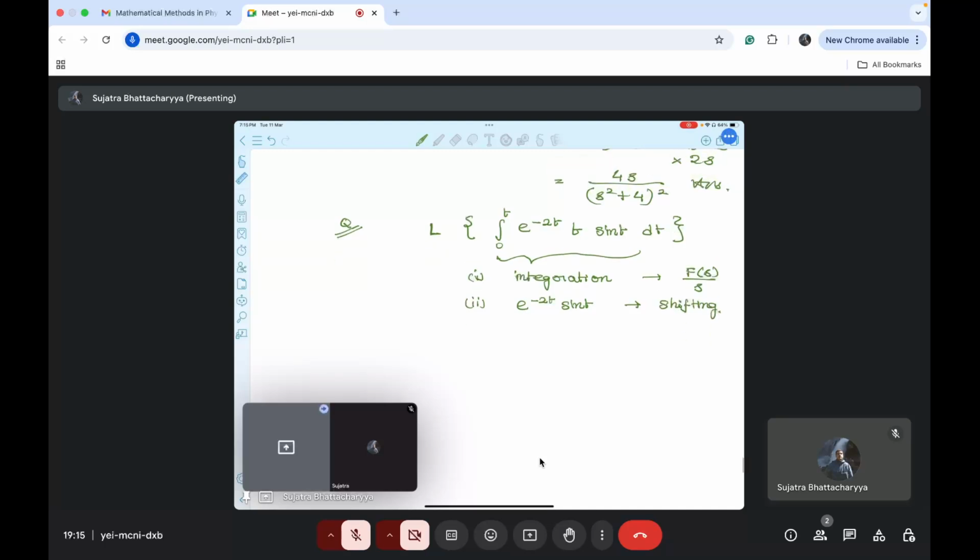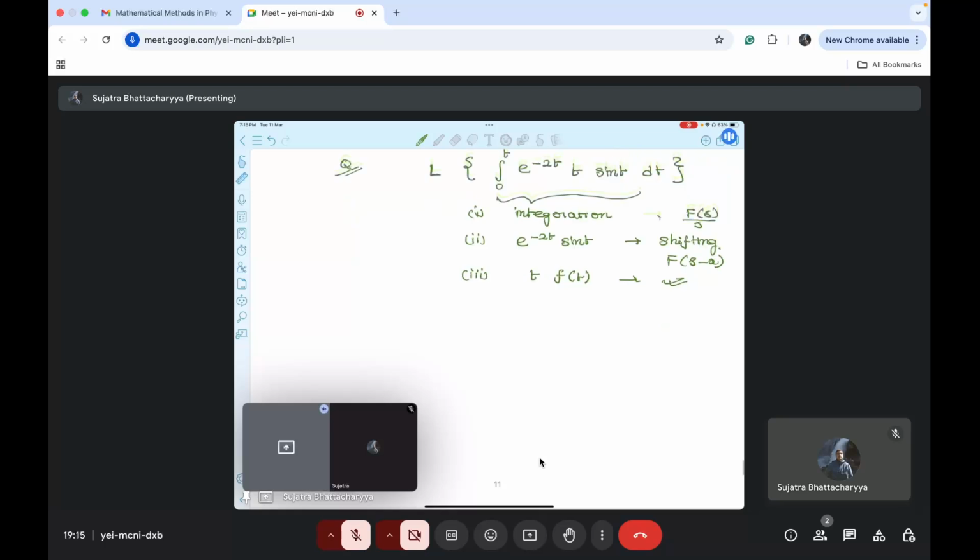So that will be F(s minus a) or whatever you want. Okay. The third thing is that some t is being multiplied by some function f(t). So that itself has another property. So three things are combined here in this particular question.